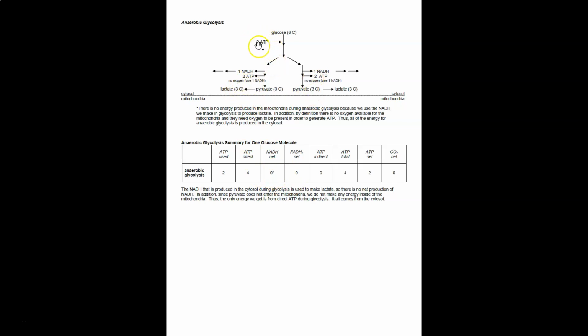Here's my 2 ATP to start that we use. And this one's pretty simple. Also notice all of this occurs in the cytosol, not the mitochondria, because mitochondria need oxygen. We don't have oxygen for this process. So that was just to show you this little handout that's posted, and you probably want to take a look at that and study that some.